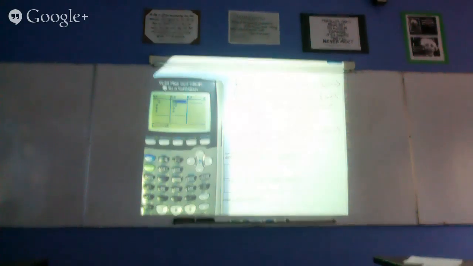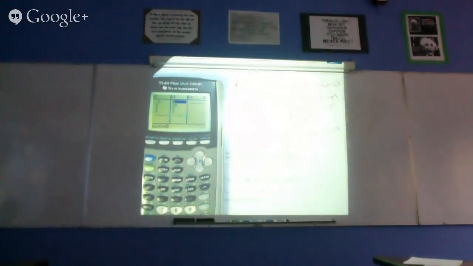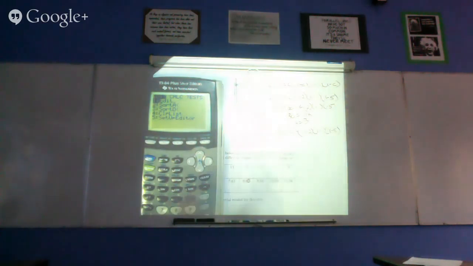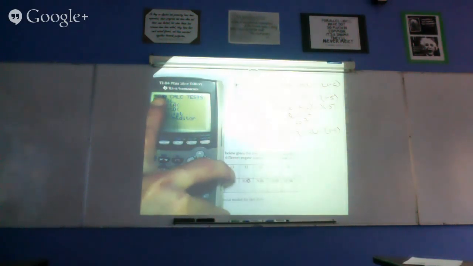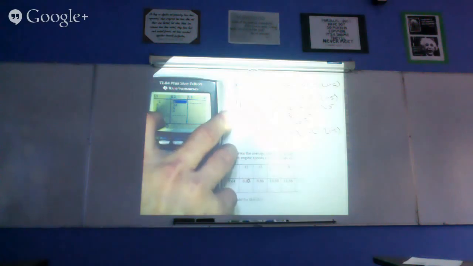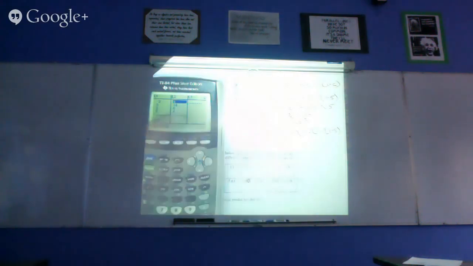So we're at the home screen, hit the stat button, which is right in the middle, two spaces over from your alpha. Now, you're in the edit tab. All of my x's go in L1, all of my y's go in L2.